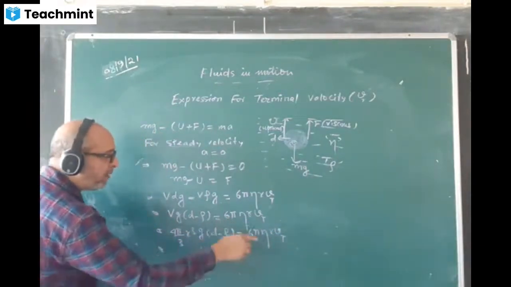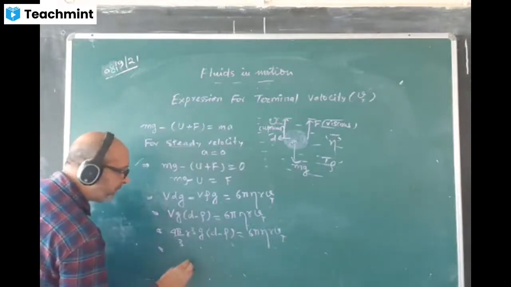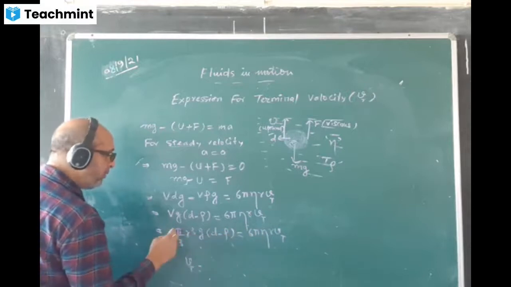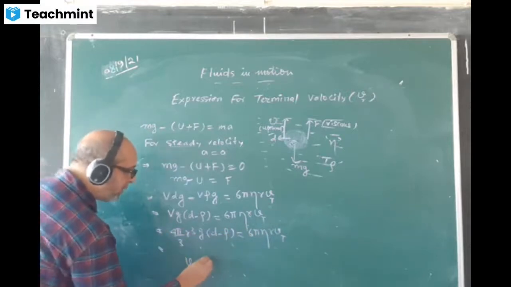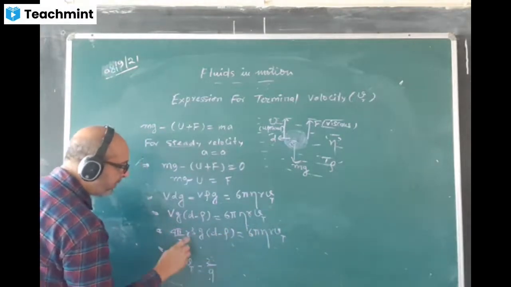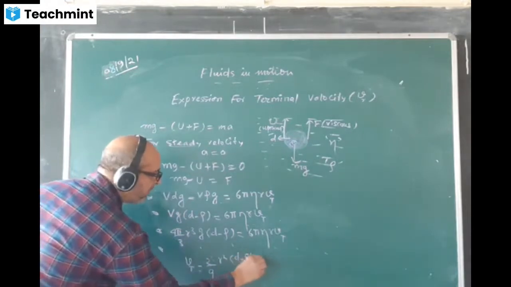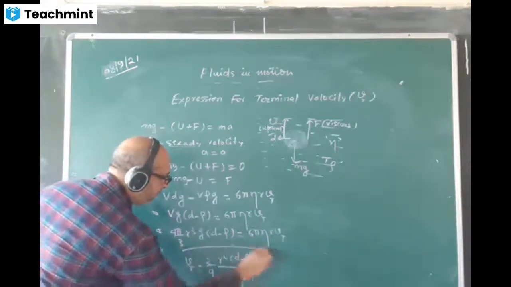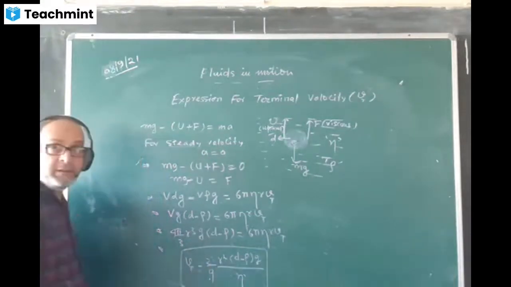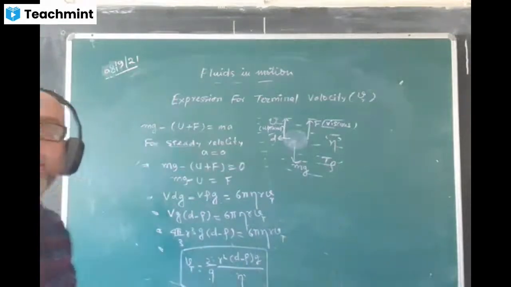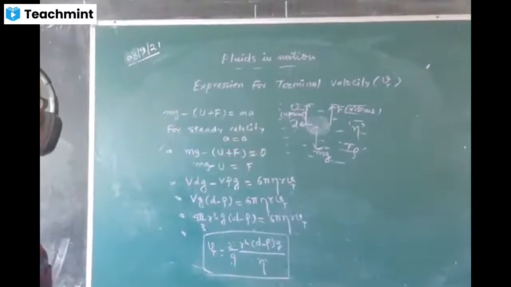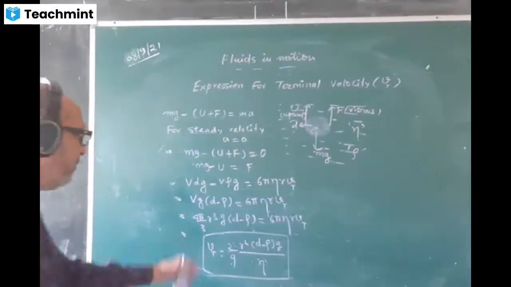We cancel and make vt the subject of the formula. Pi will go, and the answer will come: vt equals 2 by 9 r square (d minus rho) g divided by eta. This is the formula of terminal velocity.